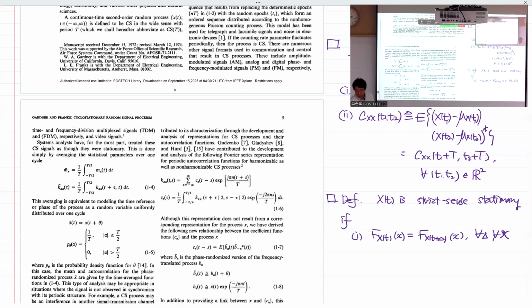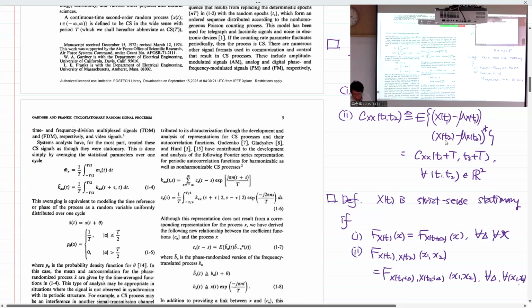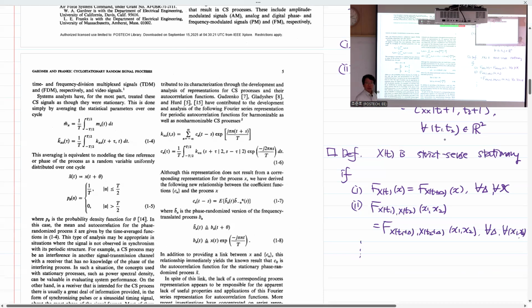Second, if you consider second order CDF, then any translation does not give you different joint CDF, and so on. So what does that mean?